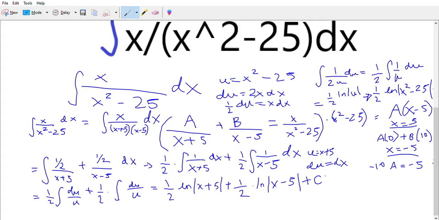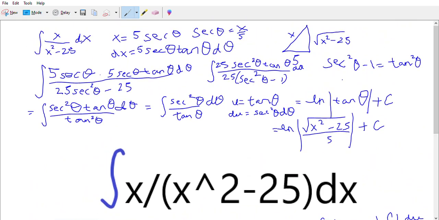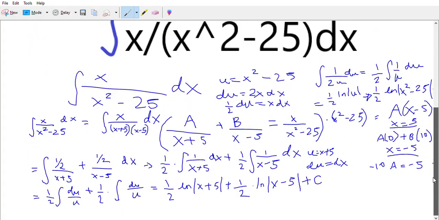And that is it. I have solved this integral using 3 different integration techniques. I first solved it using regular U-sub, and then the second method I used is on top here, where I solved it using Trig sub. And then the third technique was at the bottom, where I solved it using partial fraction decomposition.